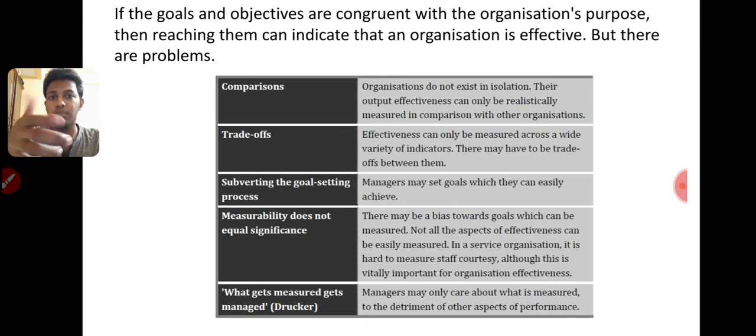There are also problems. Comparison is very difficult. We can't say a 25% net profit is not good, because we have to see the competitors' profit and loss also. Sometimes competitors may have more capital, more machines. So their size of organization is high, ours is low.